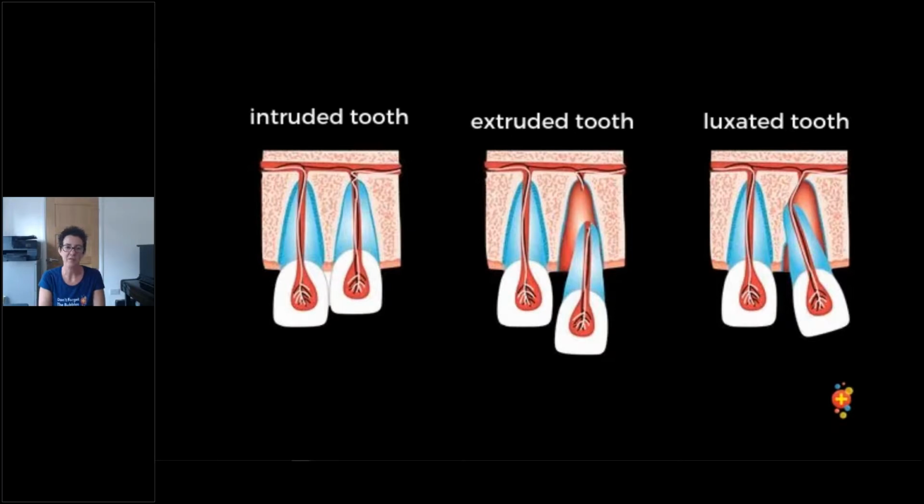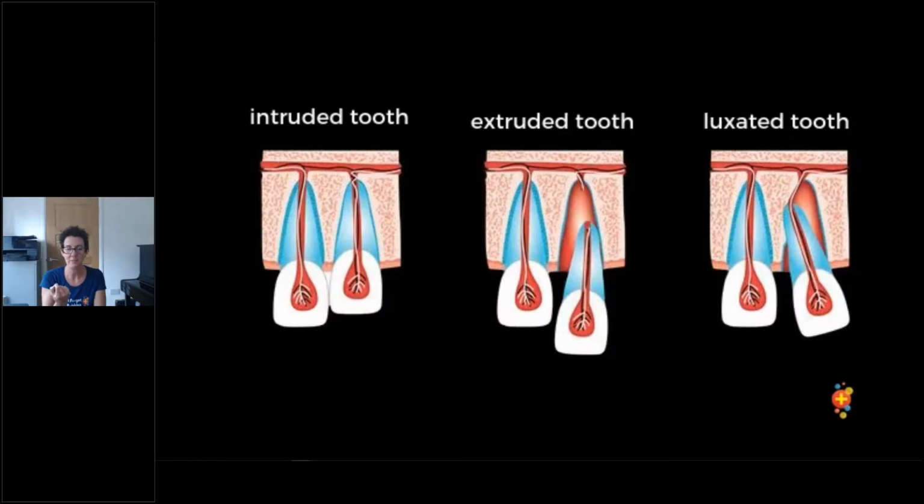Some of them can just be repositioned if they're not too badly malaligned, but generally speaking, you can just leave them alone. If they're out such a long way that they're hanging on by a thread, then probably the easiest thing to do is just to pull them out.